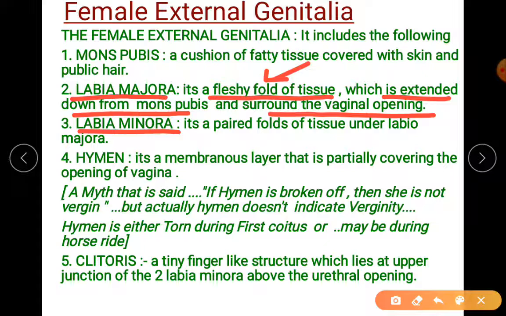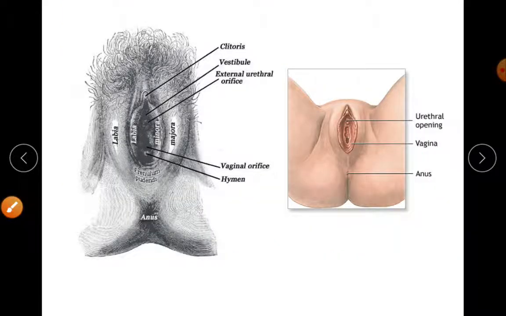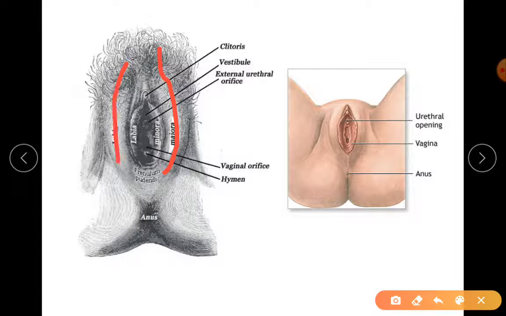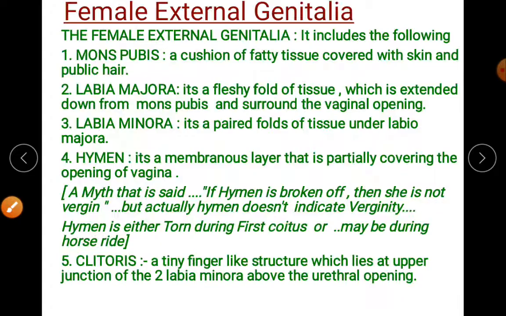Labia minora are paired folds of tissue under the labia majora. So it's understood here: from your mons pubis, downwards is called labia majora. Below the labia majora is labia minora. I hope it is clear. Please remember the diagram is not important.